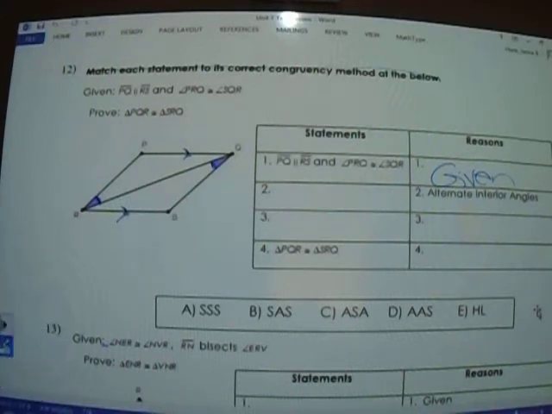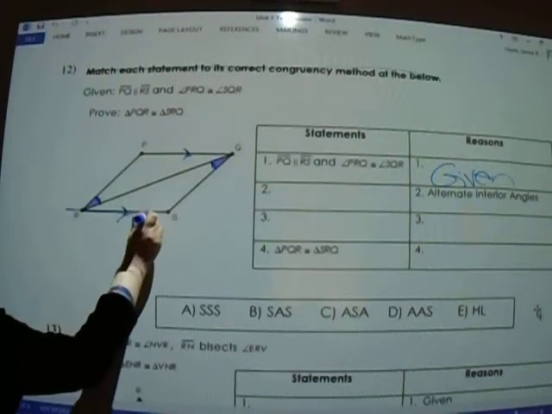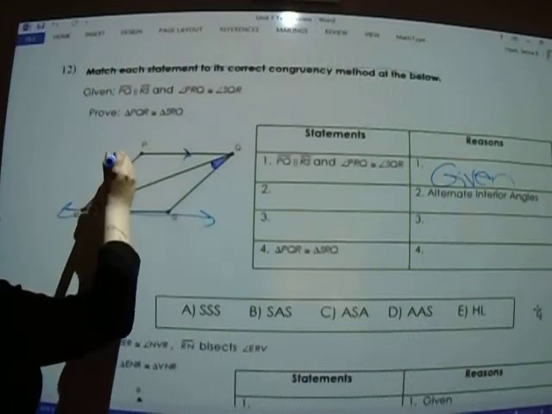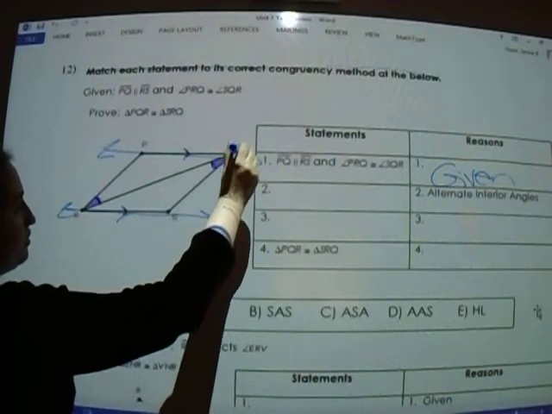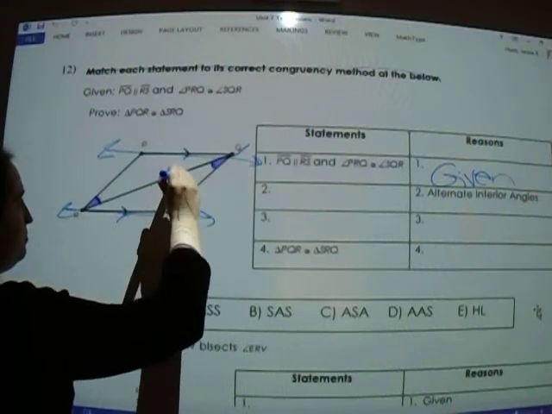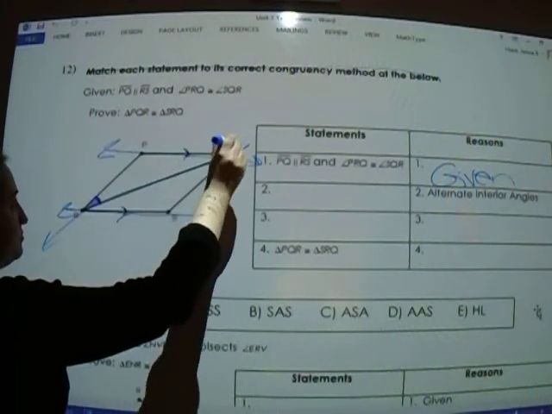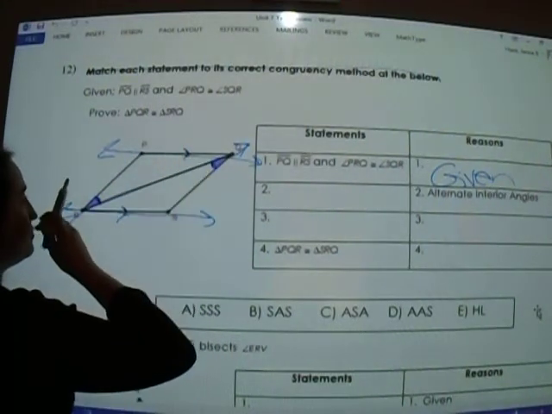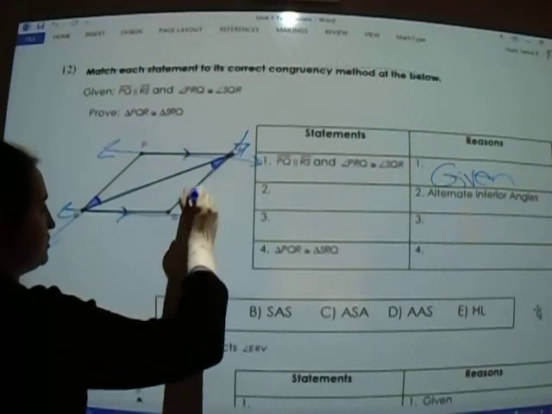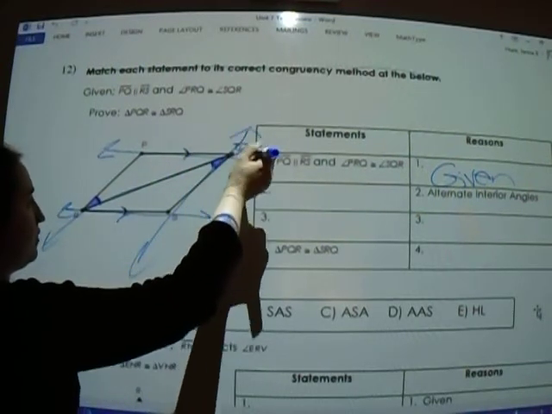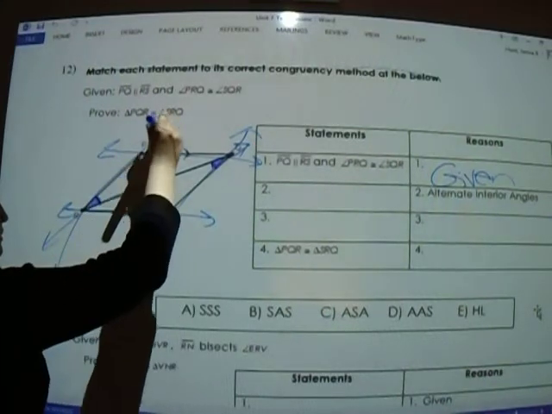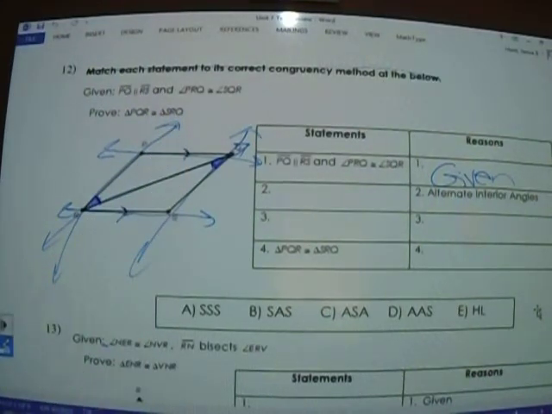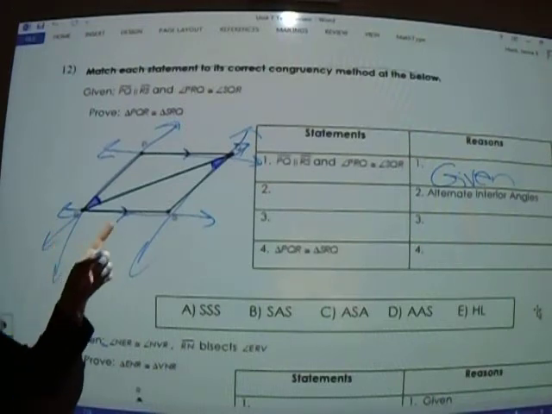So, these are our parallel lines. We know that. This is a transversal. All right? This is a transversal, as is this, okay? All transversals. All right, so we're told this already.